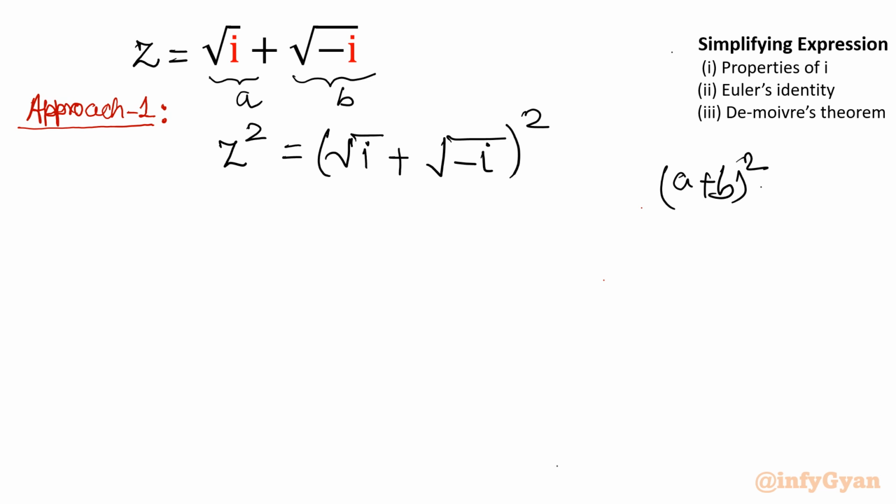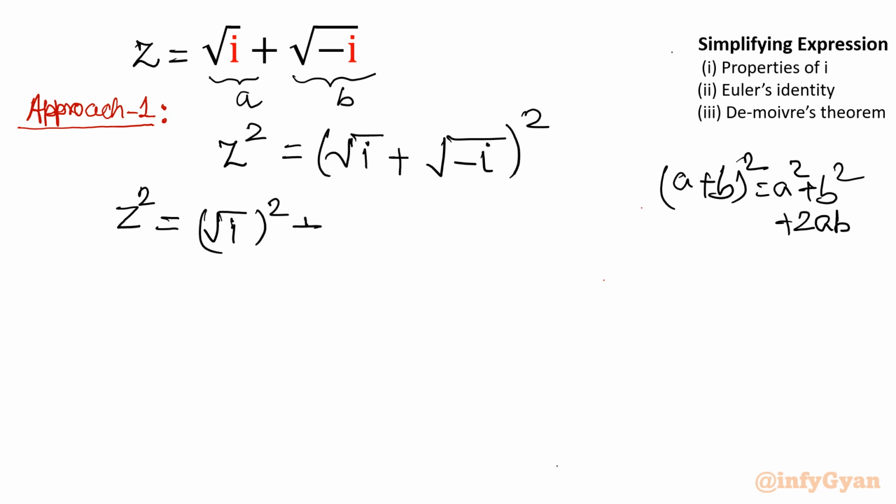This algebraic identity we know: a square plus b square plus twice ab. So let's use it. z square will be equal to root i whole square plus square root of minus i whole square plus 2 times root i times root of minus i.